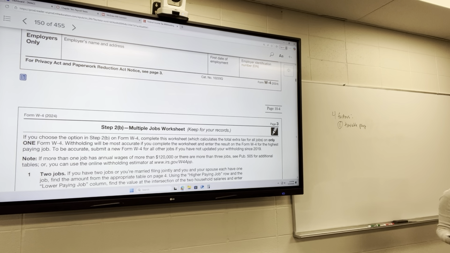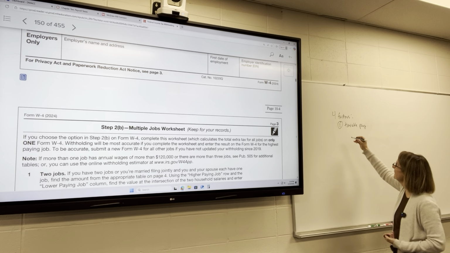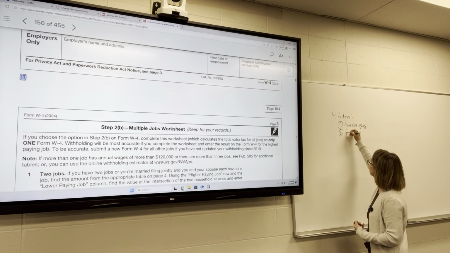Taxable pay would be their gross pay plus or minus any adjustments to it. If they have some pre-tax deductions, we're going to subtract those from the gross pay. If they have some taxable fringe benefits, something that the employer pays for that is taxable to them, like gym memberships, then we're going to add that to our gross pay to arrive at our taxable pay. Next thing we need to know is our frequency of pay.